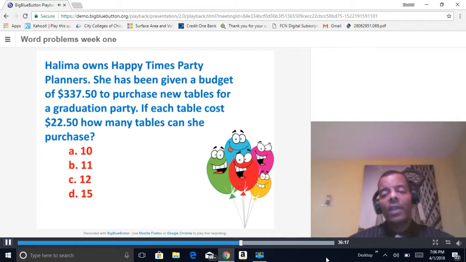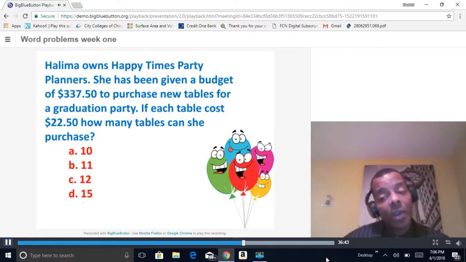So think about you in the store with $337.50 in your wallet, in your pocket, in your cash app, however you roll with your money, your dinero, your ducats. You have that amount of money. You want to buy as many tables as you can get with $337.50, and each table costs $22.50.